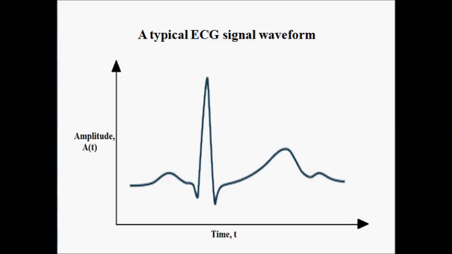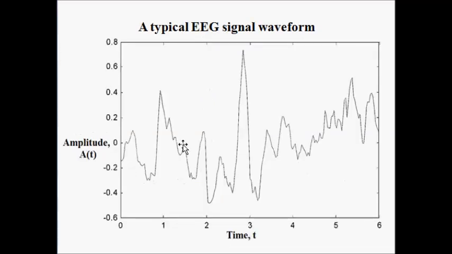Then we have the electroencephalogram signal. This is the waveform generated by the neuron cells in our brain. Here also the plot of the waveform shows the signal amplitude dependent on only one independent variable, which is time.